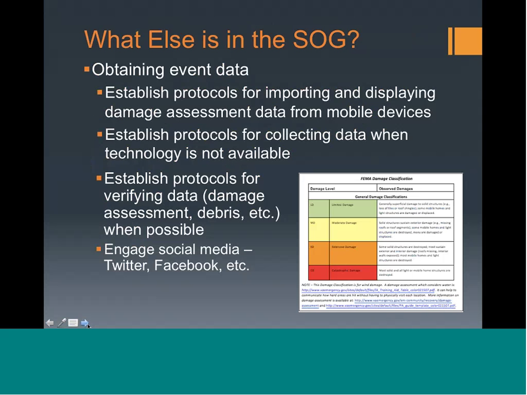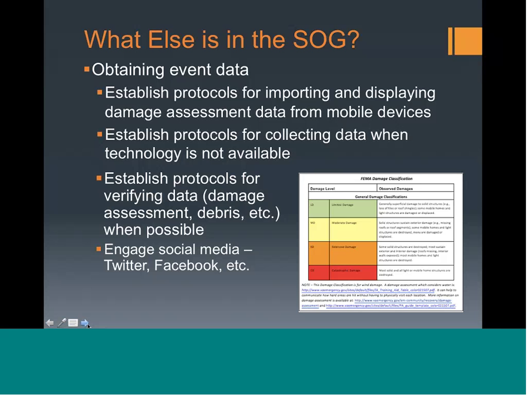Event data. One of the things the group stressed was establishing protocols. Ideally, what came out of that was, if you had a methodology in place that allowed people in the field to automatically import and display things that were being reported from the field, that would be the best possible scenario.